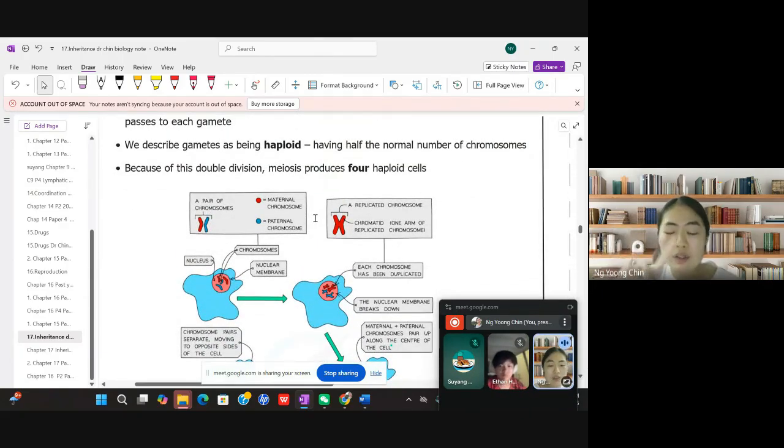Another thing is, in one round of meiosis, 1 parent cell will produce 4 haploid cells. Not 2, okay? 4. 1 diploid parent cell will divide and become 4 haploid cells.